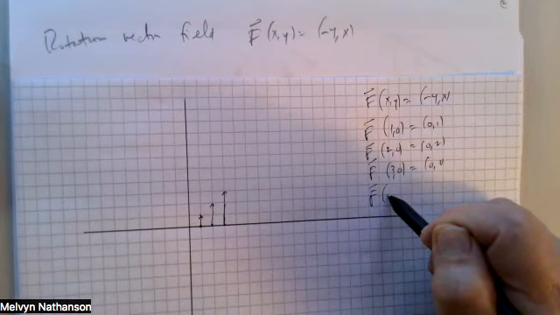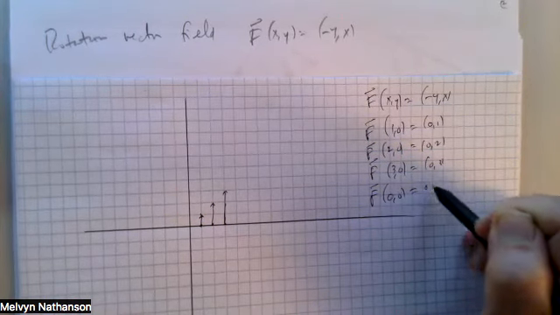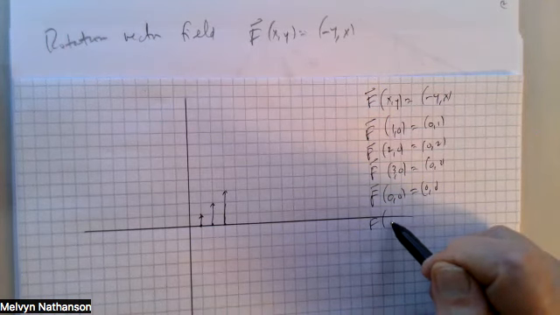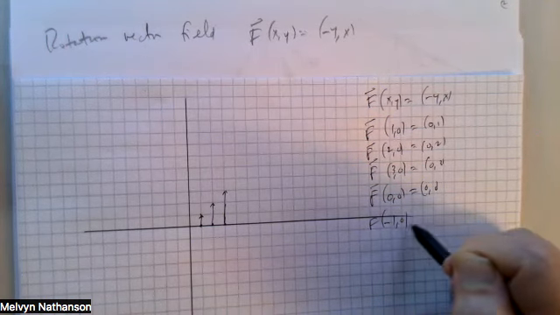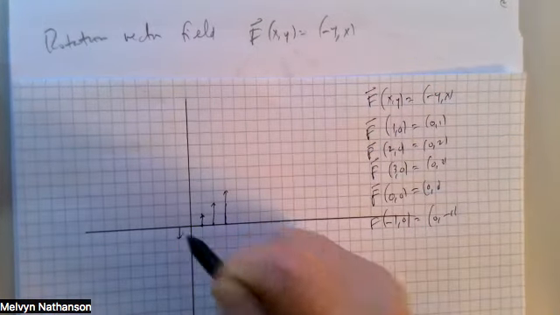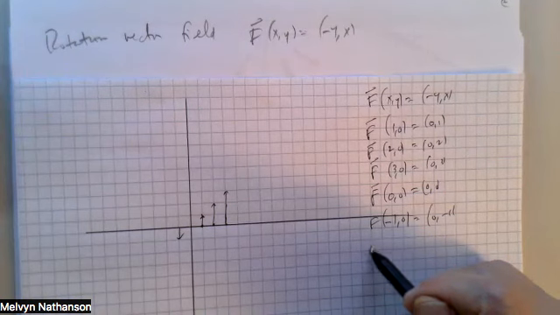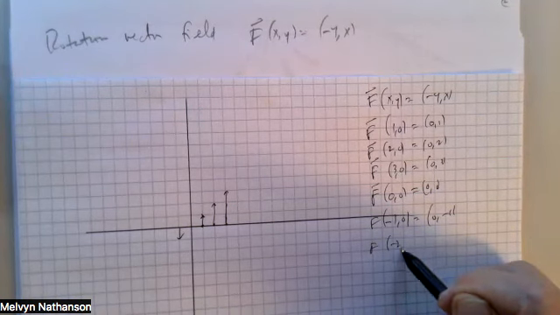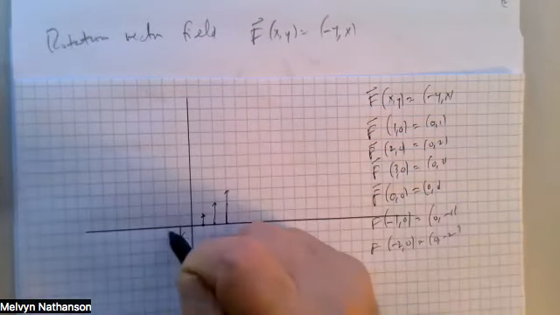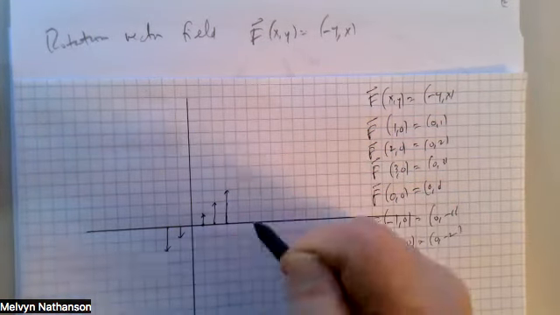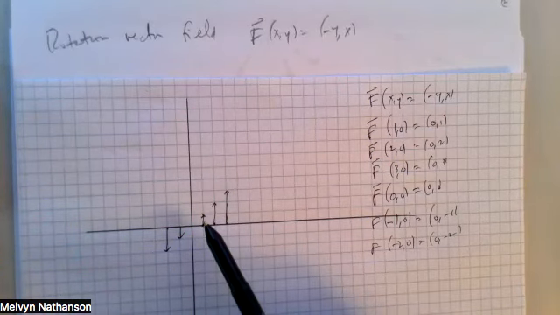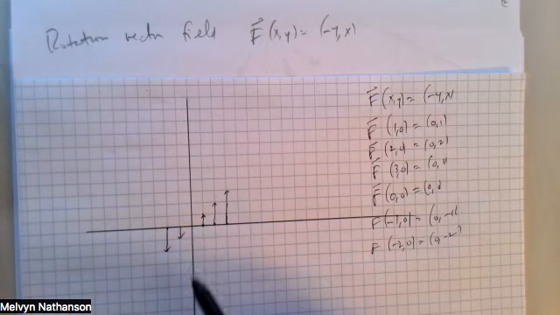F of 0, 0 is just 0, 0. F of minus 1, 0 is 0, minus 1. F of minus 2, 0 is 0, minus 2. So at each point in the plane, I'm starting to draw the vector assigned to that point.